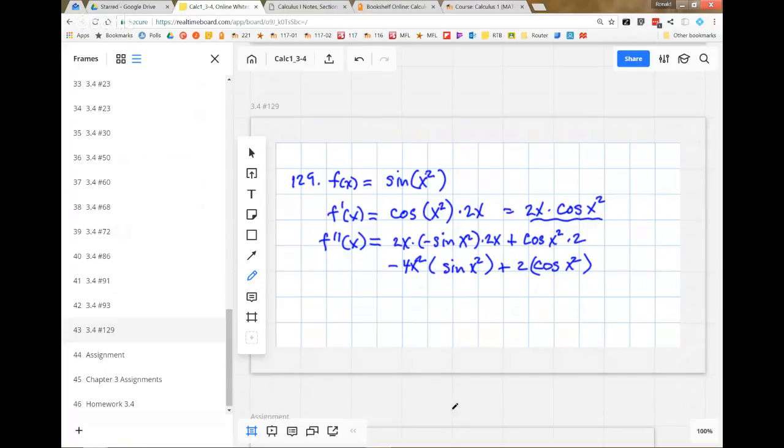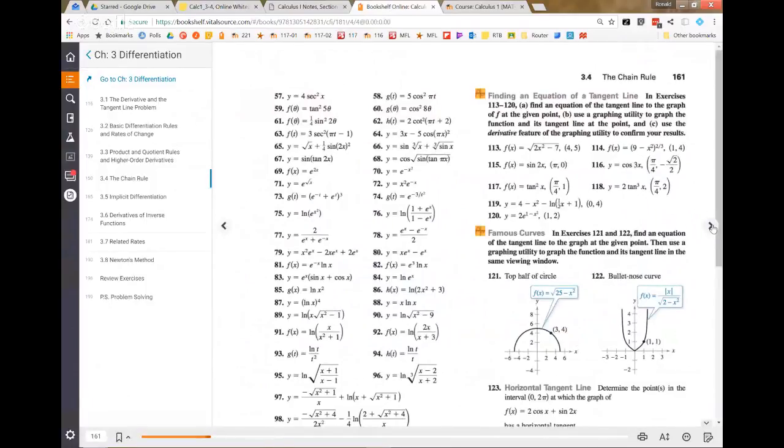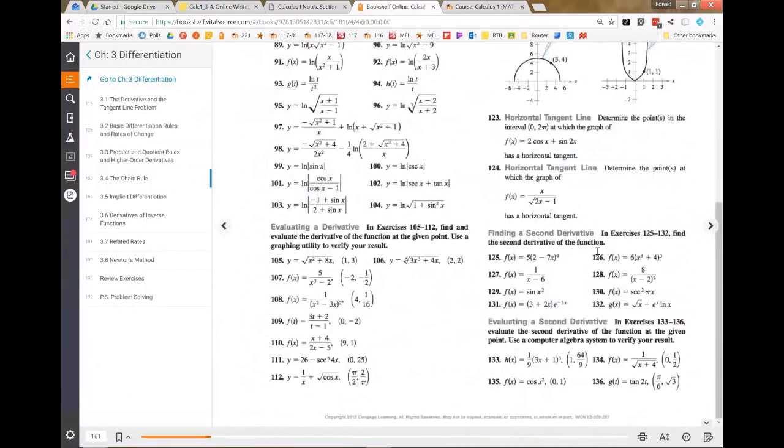That's what's different. If you look in the book, see how it says finding a second derivative? In exercises 125 to 132, find the second derivative. So that's the goal.